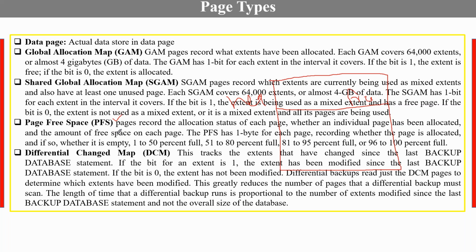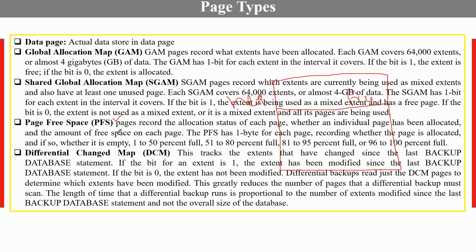For every data page, how much free space is available, it will record as a percentage: 1 to 50% full, 50 to 80% full, 81 to 95% full, 95 to 100% full. That is the algorithm, and it is stored in the PFS space.